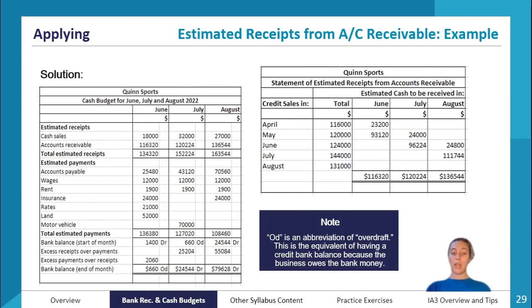It gets you the same result. So it's about which way resonates more in your mind with the way that you want to do it. So then we figure out, again, we've got the same situation in that August column where we've got receipts over payments, and we end on a figure of 79,000 in the debit for August.